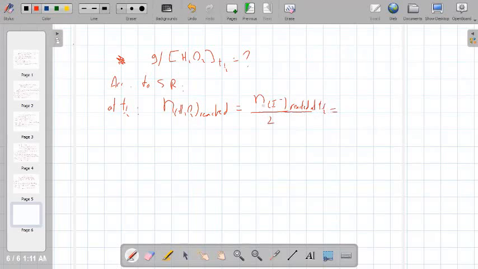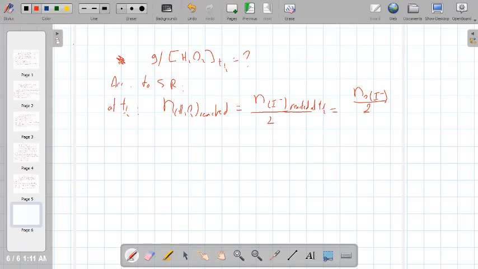By definition, at T-half, the number of moles of I minus reacted equals n0 I minus over 2.